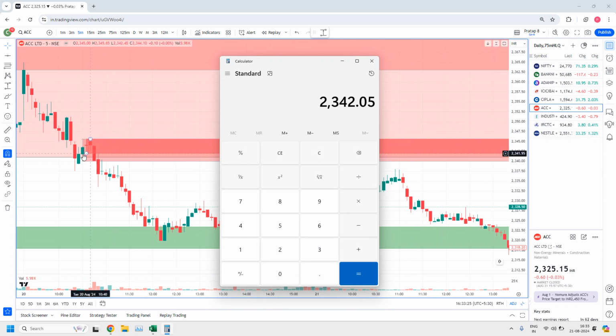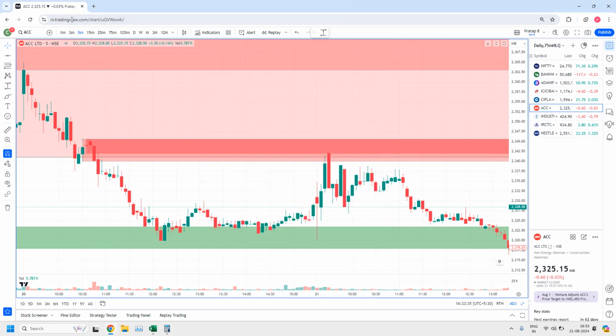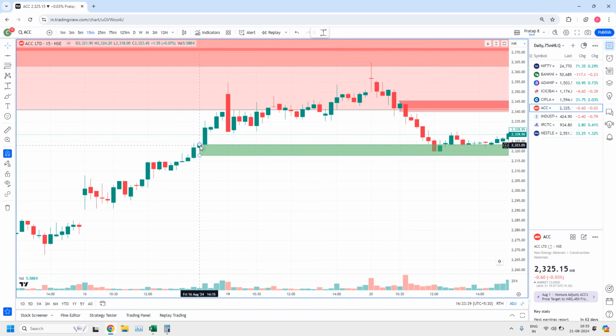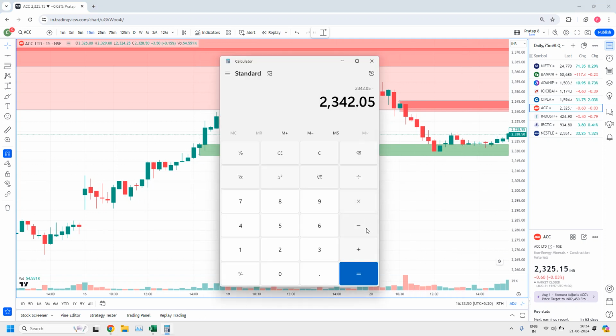2,342.05. Let me check the value again. So the low of the candle is 2342. Yes. Okay, minus. What is your target? 15 minute zone target. What is the close of this candle? 2323.45.